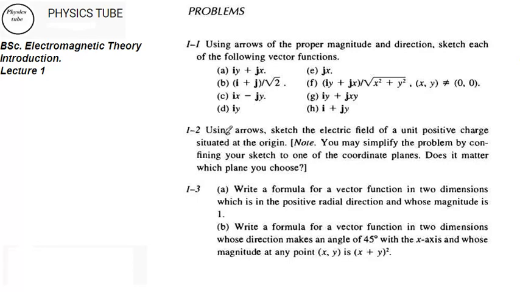Let me go to question 2. Using arrows, sketch the electric field of a unit positive charge situated at the origin. You can do that. Which way the electric field will be moving around the origin, you have to find out, and then draw it. Next: write a formula for a vector function in 2 dimensions which is in the positive radial direction and whose magnitude is 1.